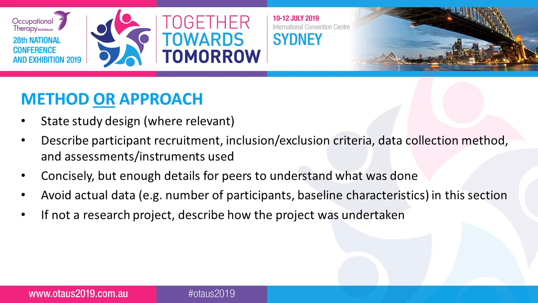In this section, it's generally best to avoid reporting actual data. So the numbers of participants or baseline characteristics are generally presented in the results section rather than in the methods section. If it's not a research project, then this section will describe how the project was undertaken.